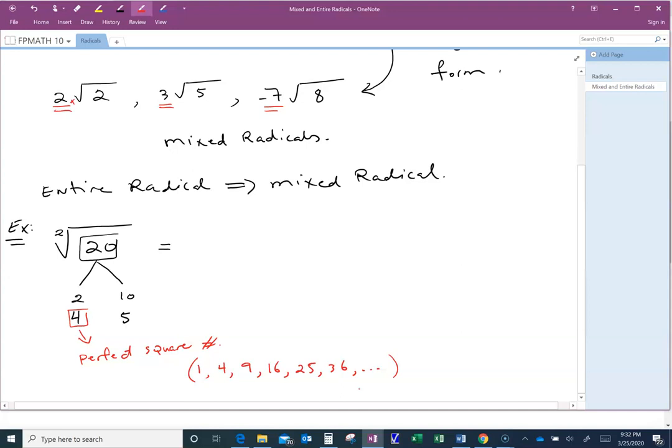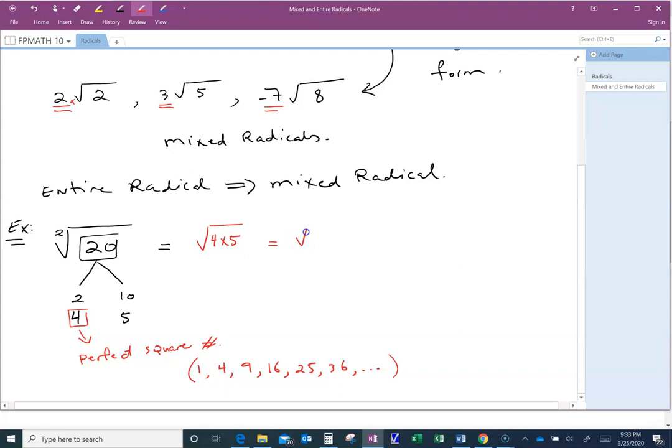So the idea is to find the perfect square factor of a radicand for the square root and break that up. Then we will get square root of 4 times 5. That's all we did.